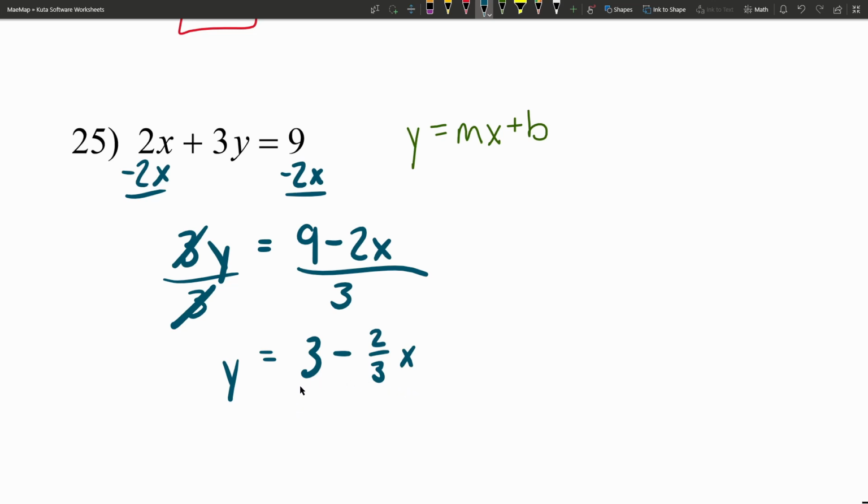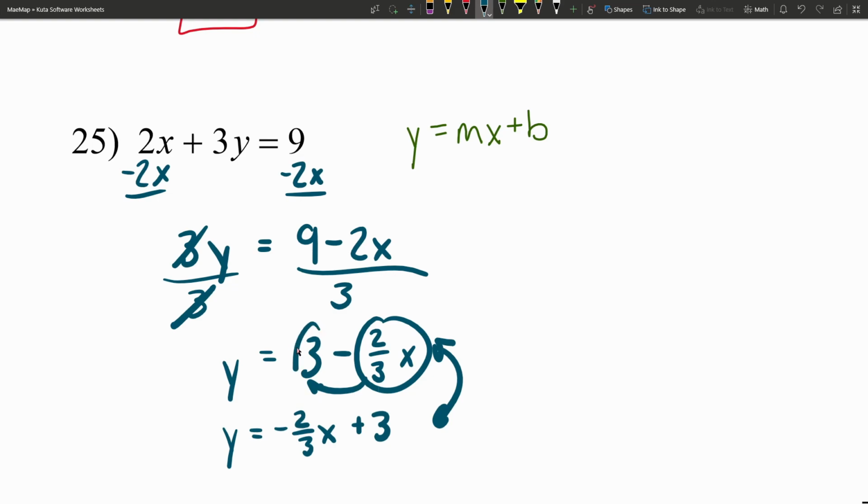Now you may be confused here, because it doesn't quite look like y equals mx plus b, but we can easily switch these up. Since we just have subtraction, I can rewrite this as y equals a -2/3 x plus 3. This is the same thing. All I did was move this term out in front and brought this term to the back.